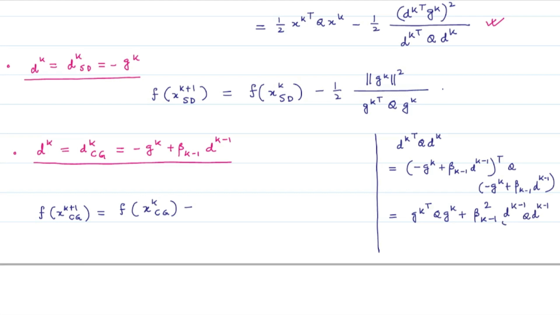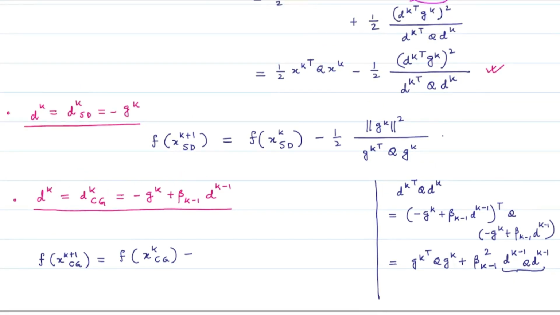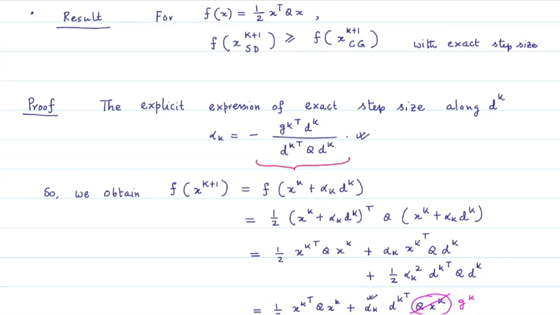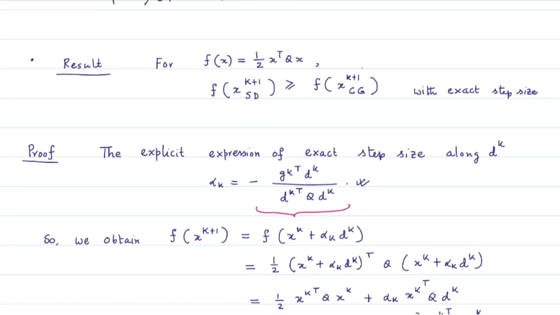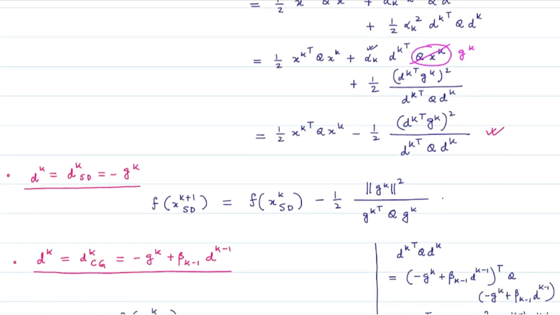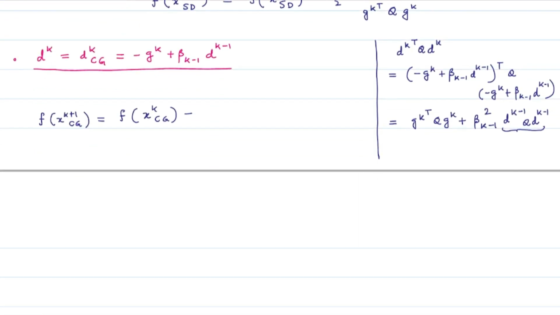As this term is positive, because Q is positive definite, we have to assume here that this Q, as usual, is positive definite and symmetric. So we get here that this is greater than or equal to g_k transpose Q g_k.